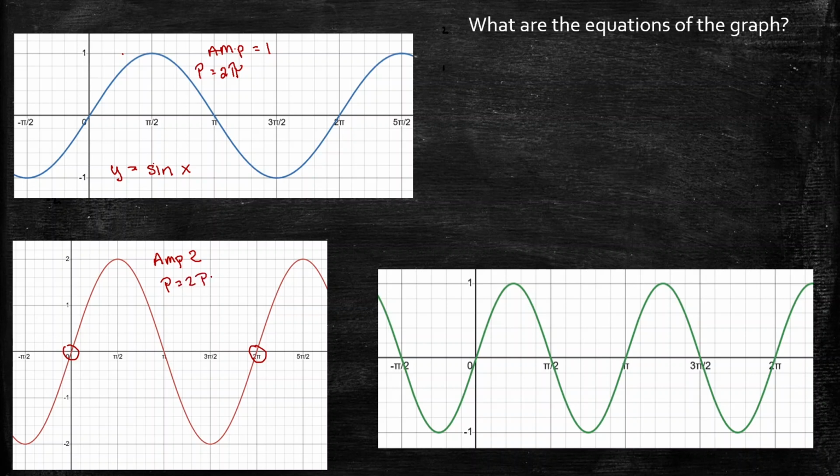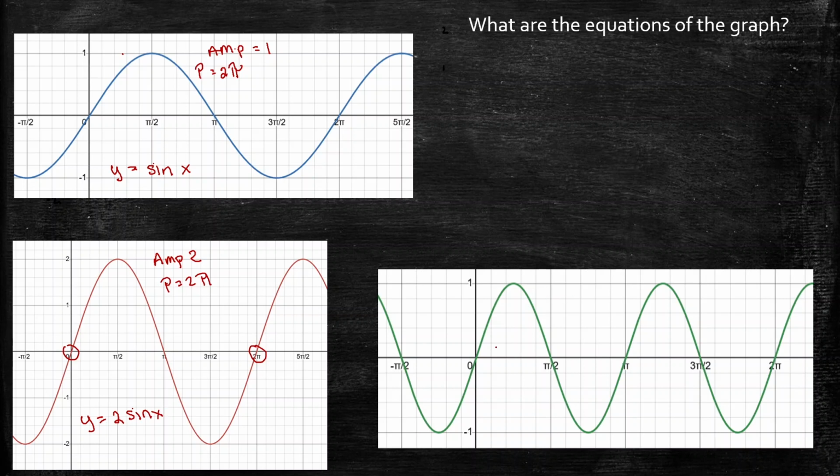So B equals 1, because 2 pi divided by 2 pi is 1. So in this case, then my function is y equals 2, that's my a, my amplitude, 2 sine x.